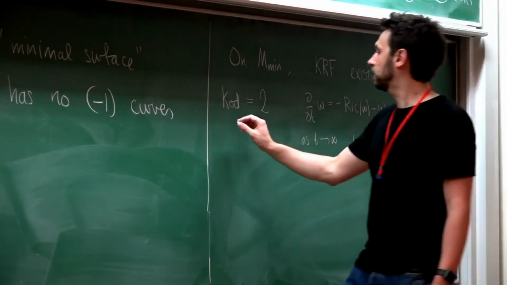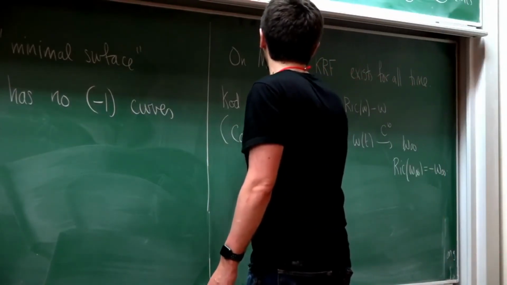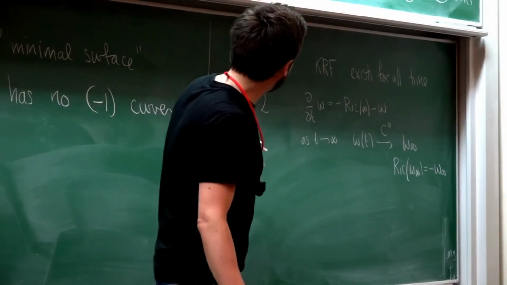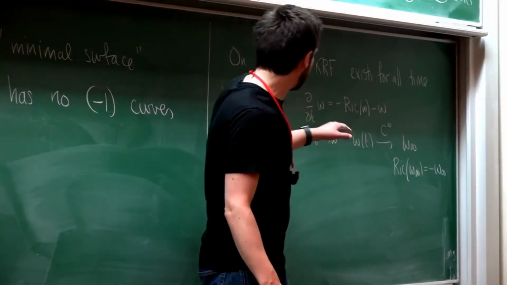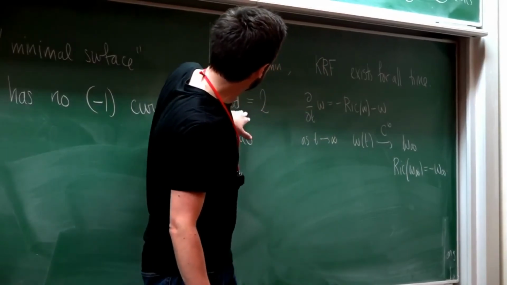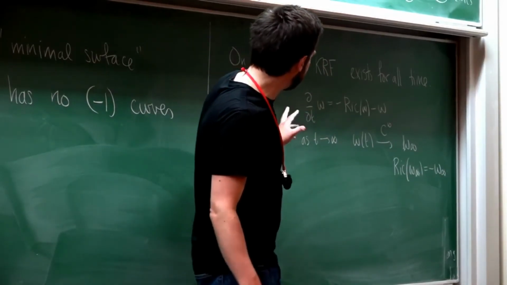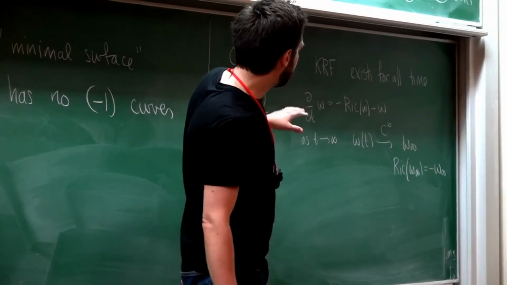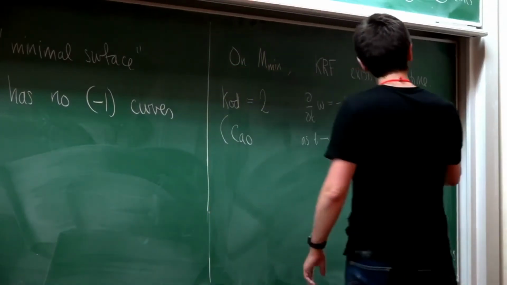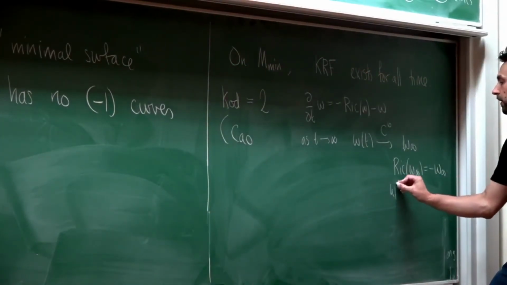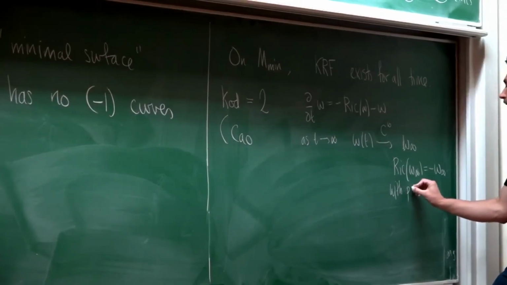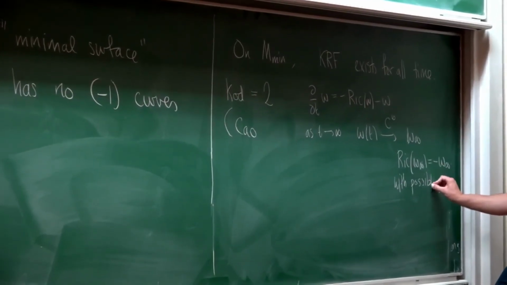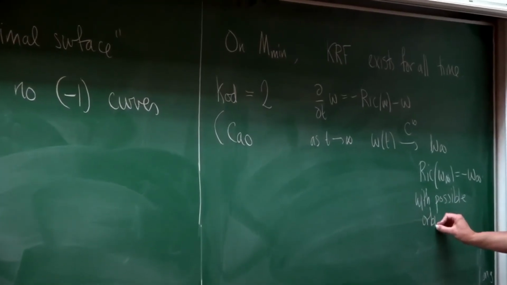This is due to Huaidong Cao, in the nice case where the first Chern class is negative. But there's a slightly nastier case where this might have singularities, with possible orbifold singularities. I'm not going to get into this.